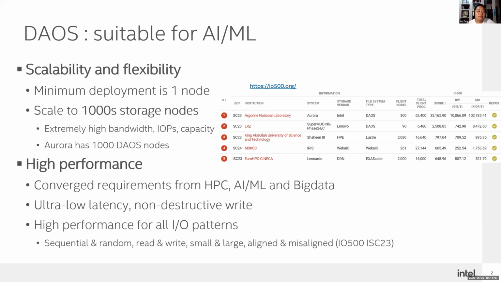You know that DAOS can be deployed from one node to thousands of nodes. And here is an example: Aurora at Argonne National Lab has thousands of DAOS nodes to get extremely high bandwidth, IOPS and capacity.